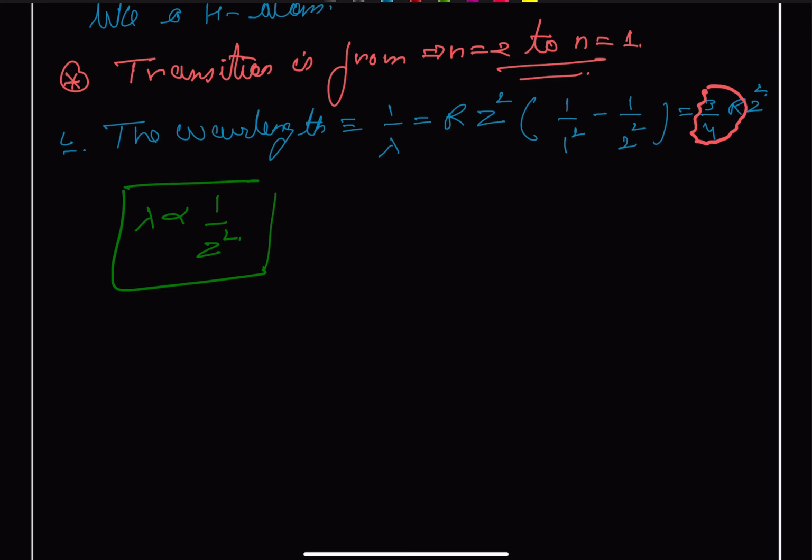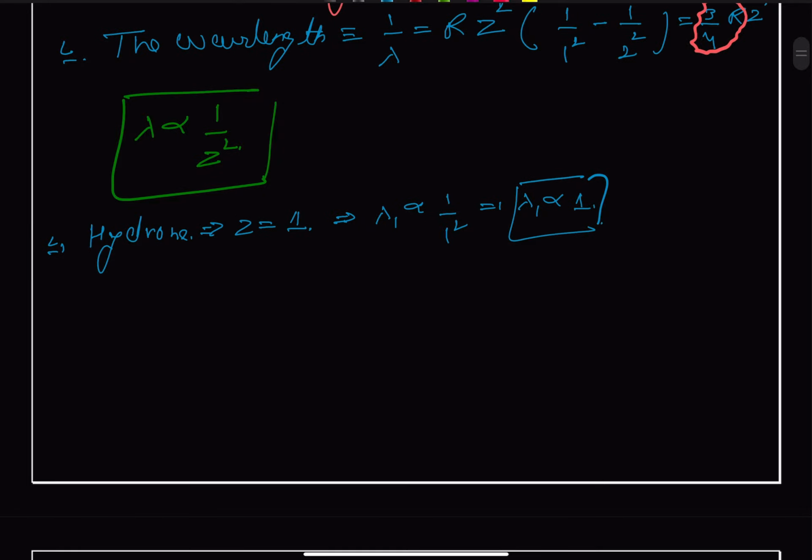So the first element that is given to us is hydrogen, and hydrogen means value of z is equal to 1, and the corresponding wavelength is given as lambda 1. So lambda 1 is proportional to 1 upon 1 square, giving us lambda 1 is proportional to 1.